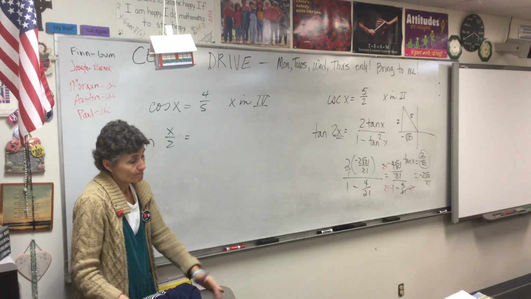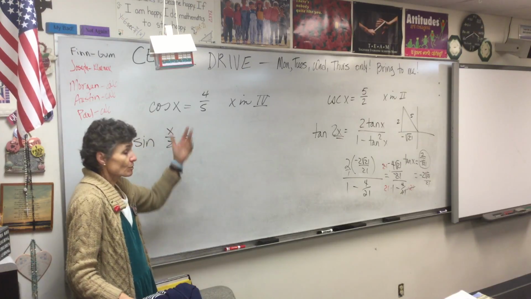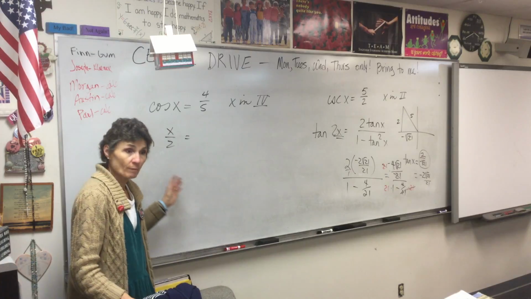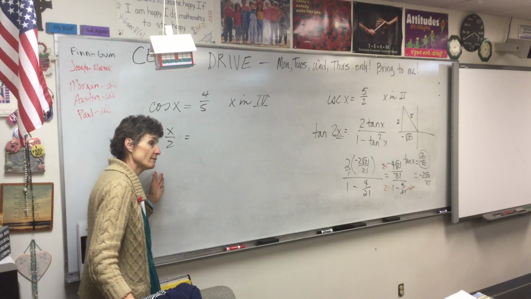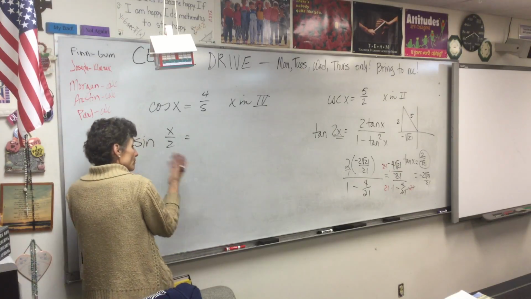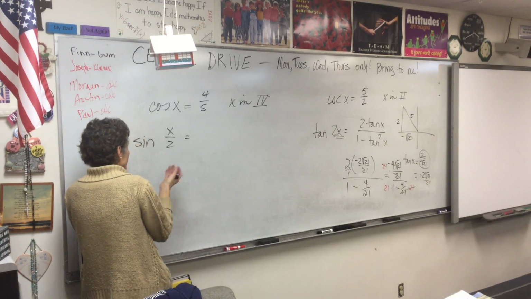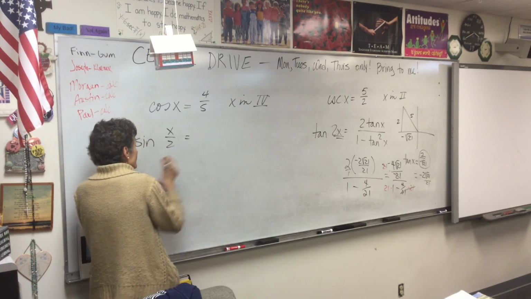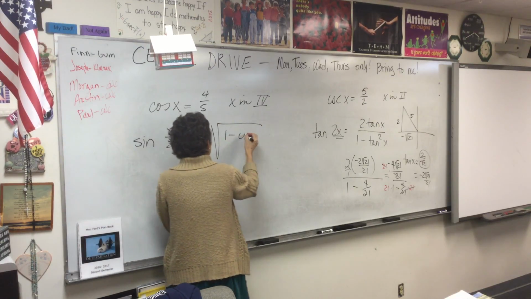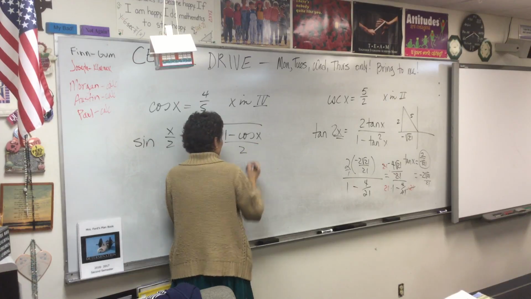It's pretty clear. All right, so what do we do? Exactly what you've already done. So we need a formula. Draw a picture of the given and write a formula. Okay, so what's the formula? Look on your sheet. What's the formula for the sine of x over 2? Plus or minus the square root of 1 minus cosine over 2.